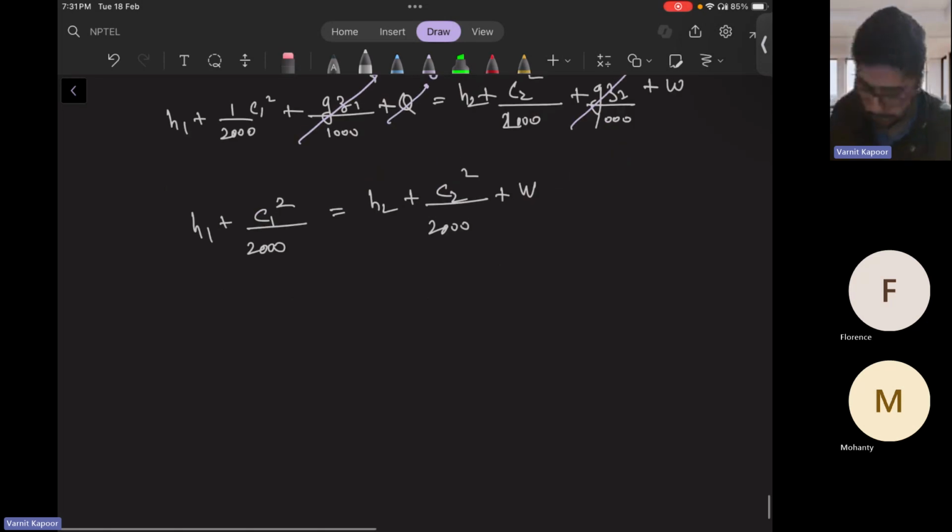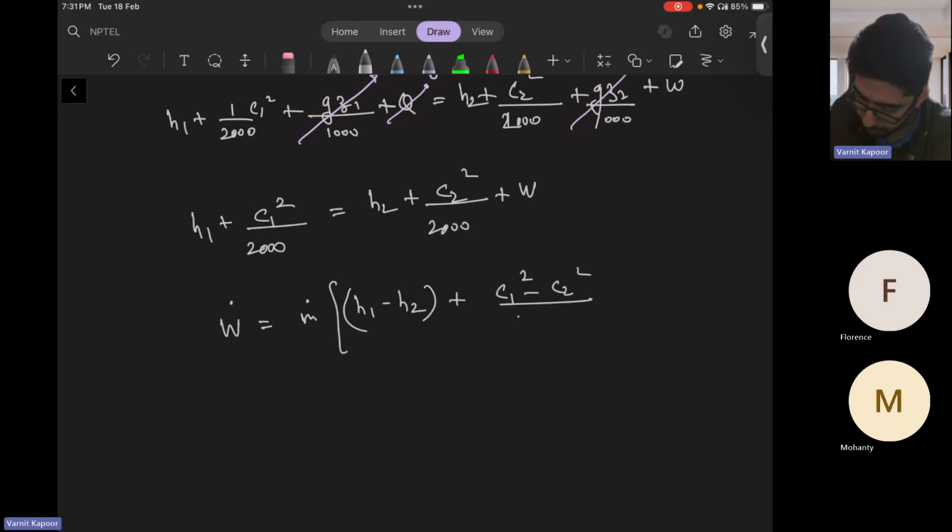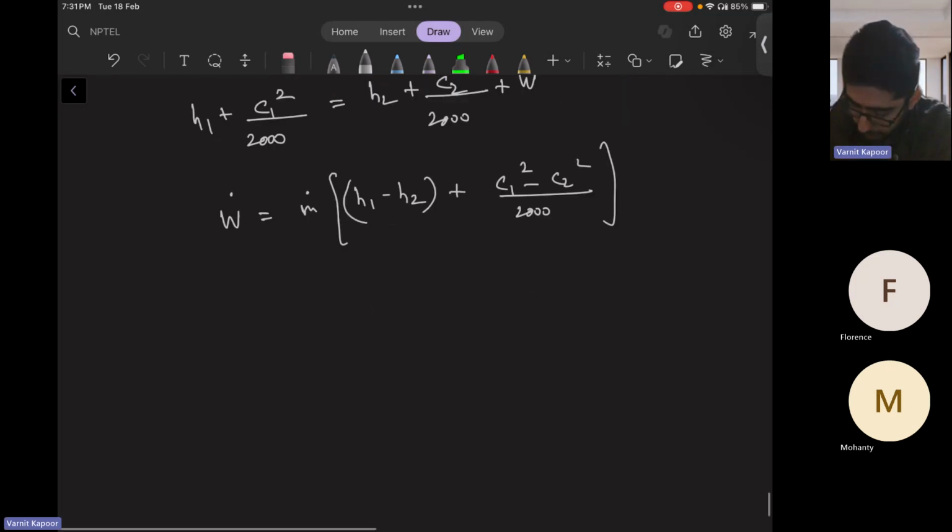We want the work output, and it's a rate, so I'll multiply the equation with the mass flow rate as well. That will be H1 minus H2 plus (C1 square minus C2 square) by 2000. I'll rearrange the terms.